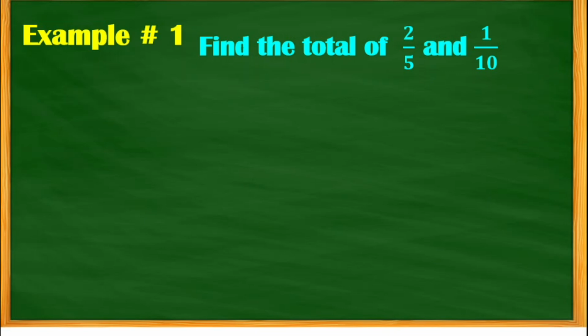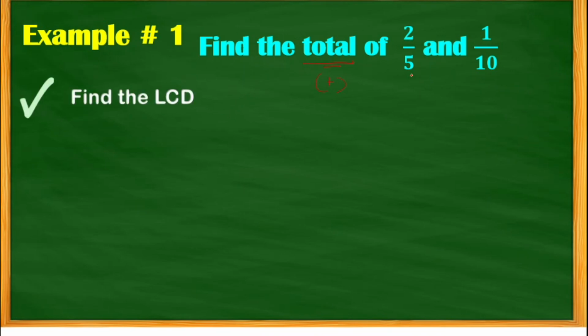So let's have an example. Number 1. Find the total of 2/5 and 1/10. When we say total, it involves the operation of addition. Okay. So first, we're going to find the LCD.